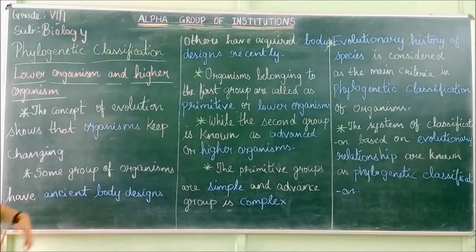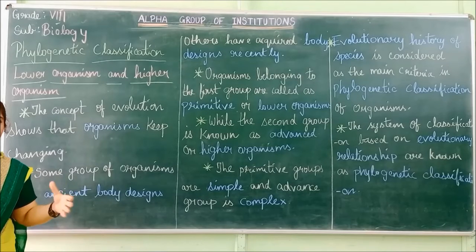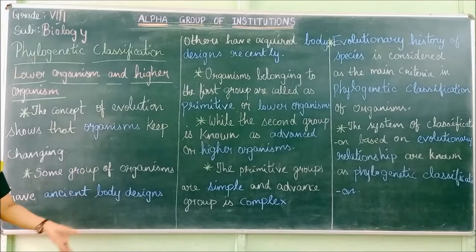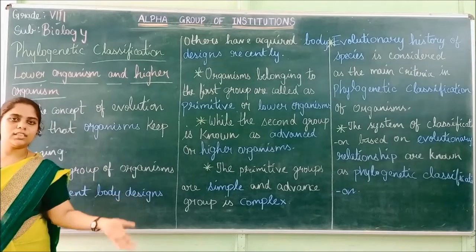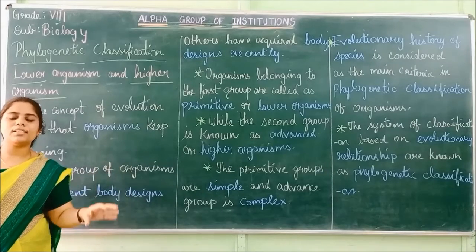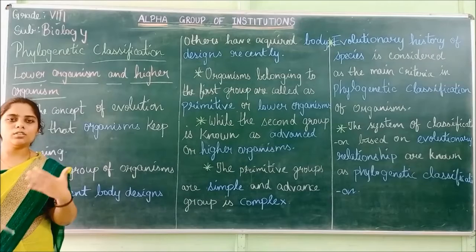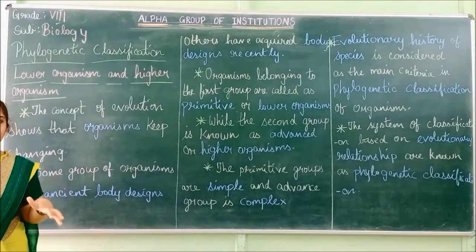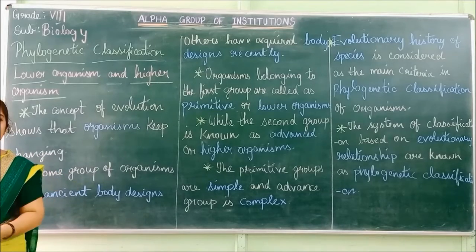So what do they say happens in evolution? The organisms are being changed. Evolution means how an organism first originated, and then evolution takes hundreds of years. Slowly changes will happen inside the organism, and they will change according to the needs of the environment, and finally they develop.